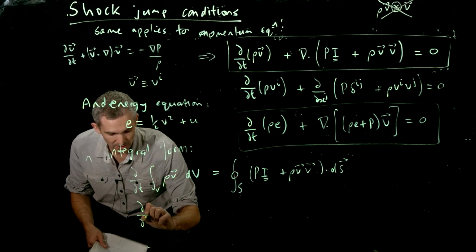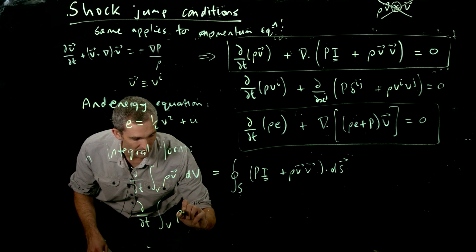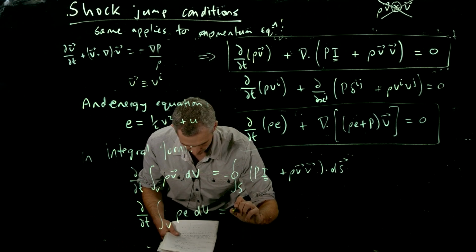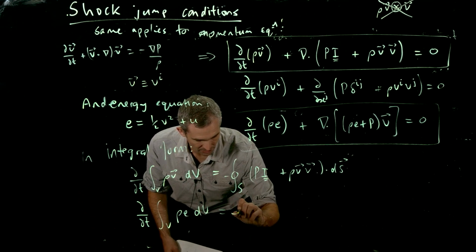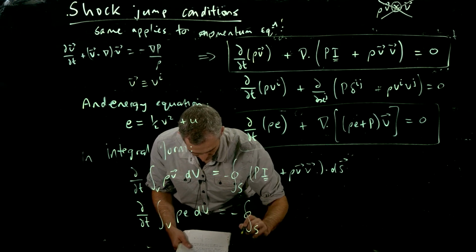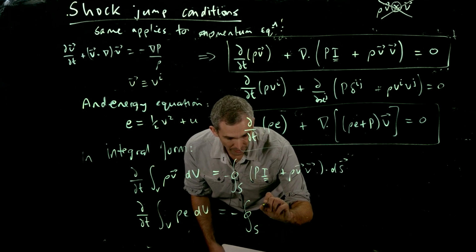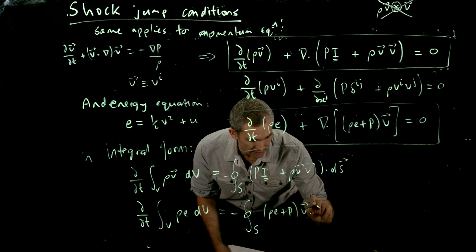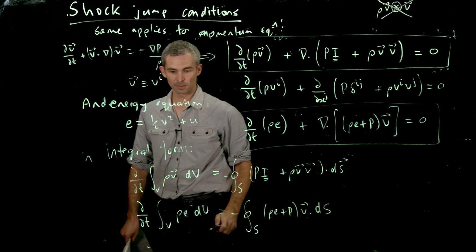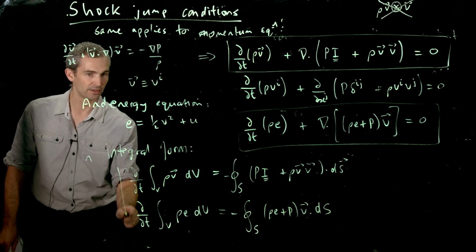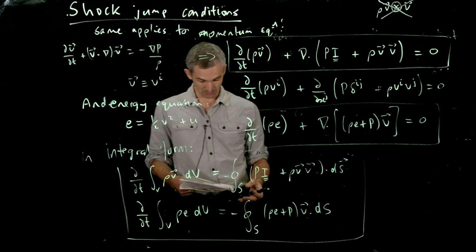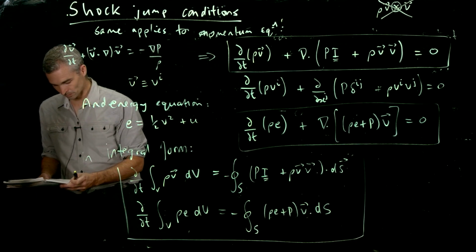And the energy equation is the same thing. So this is d/dt of the integral of rho E over the volume equals, this should be a minus, minus the surface integral of (rho E plus p) v dot dS. All right, so we've got our three equations now in this conservation form where we can deal with discontinuous solutions.